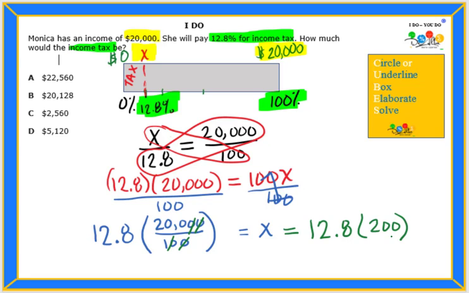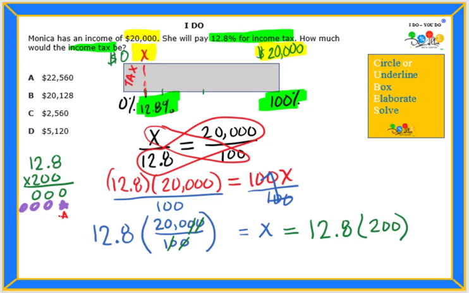Let's go ahead and work that out. So anything times 0 is 0. So 8 times 0, 2 times 0, 1 times 0. We're going to put a placeholder. And then again, we're multiplying by 0. So 8 times 0, 2 times 0, 1 times 0.